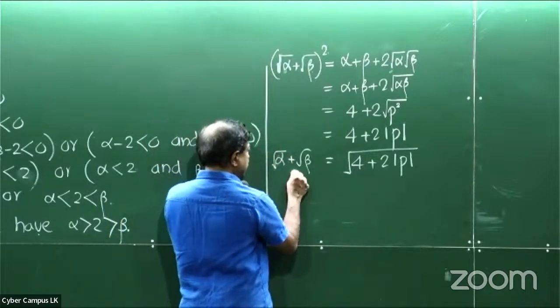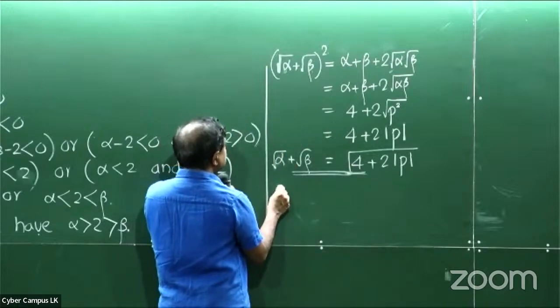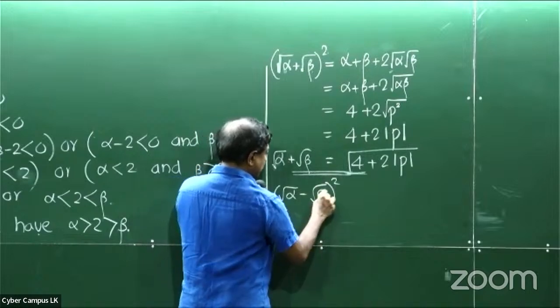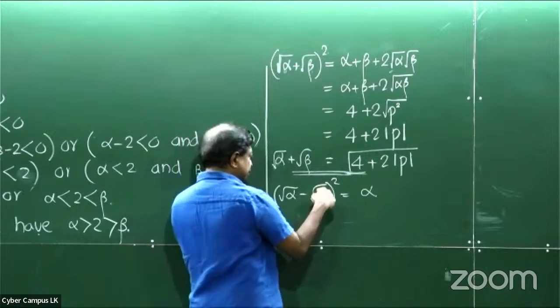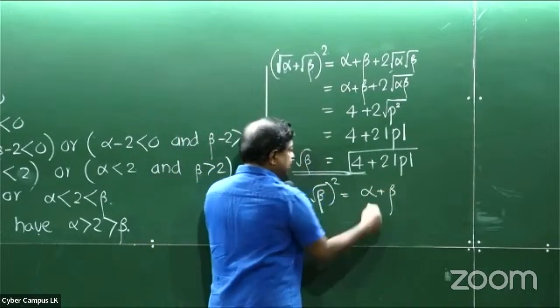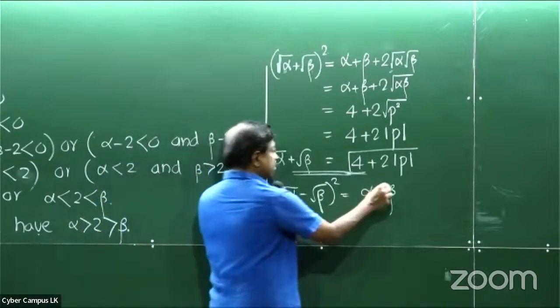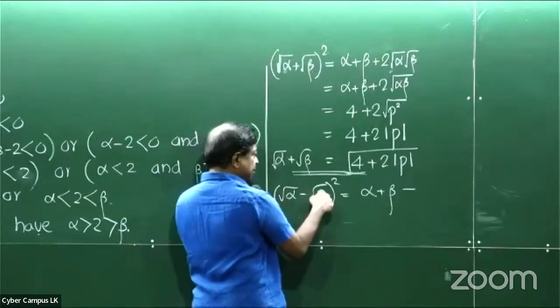In a similar fashion, you can find the square root of alpha minus the square root of beta. Like this. It is alpha, the square of this is beta, but the usual term in the middle, 2ab, has a negative sign: minus 2 times square root alpha, square root beta.